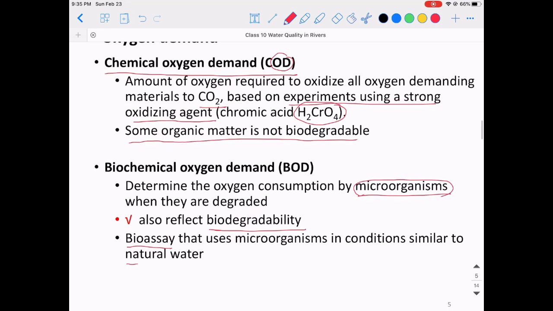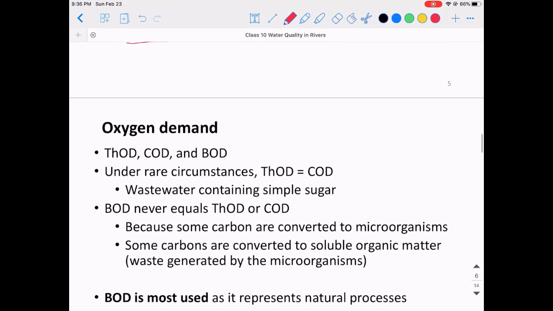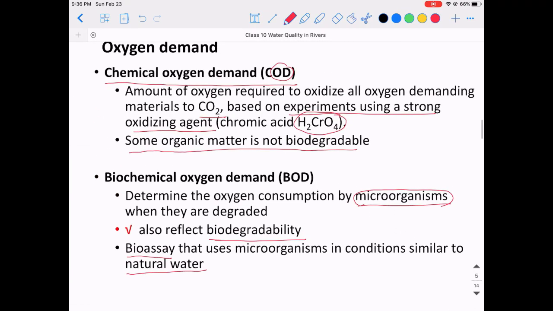These bioassays use microorganisms in conditions that are similar to natural water, because we don't want to add some super bacteria that can quickly consume all of these organics. We still want to get a realistic understanding of how fast these oxygen-demanding materials are being oxidized. Okay?